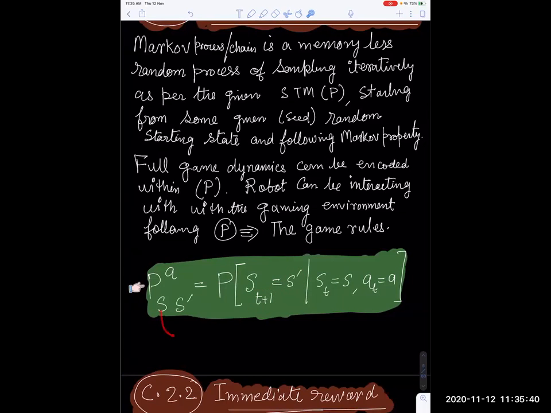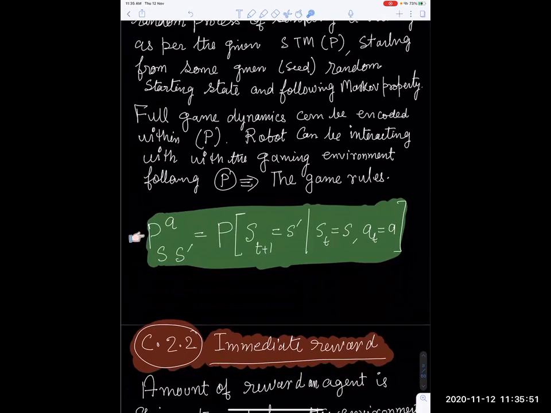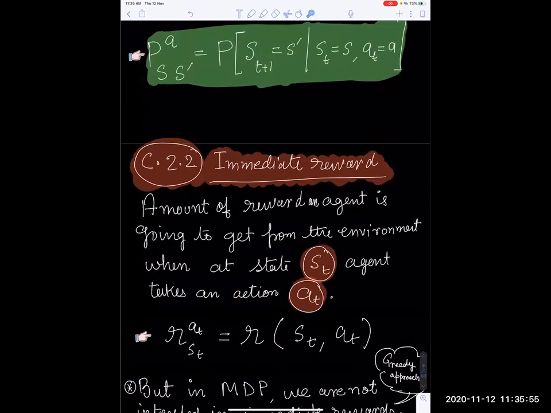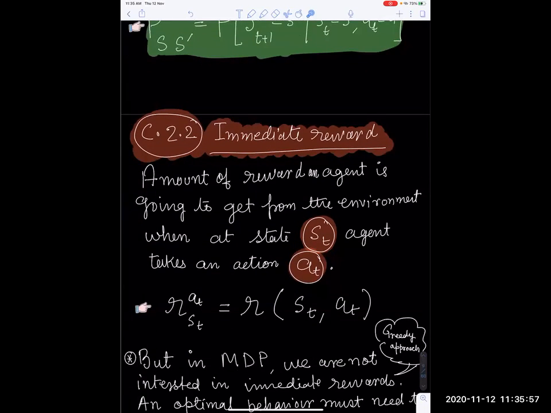It means that if I am at state S and have taken action A, what is the probability that I am going to end up in state S dash? It's a state transition matrix, straightforward. In most places you must have seen a similar type of state transition matrix.